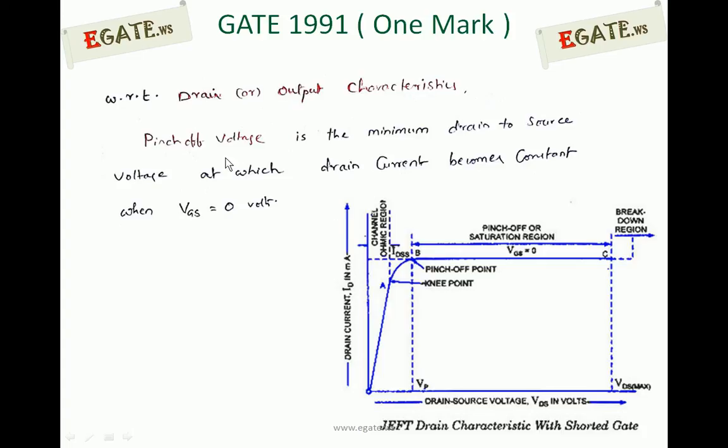So pinch off voltage is the minimum drain to source voltage at which drain current becomes constant when VGS is equal to 0. This condition, VGS equal to 0, is very important. Only for this curve is it treated as pinch off voltage. Pinch off voltage with respect to drain is only defined for VGS equal to 0, not for any other value of VGS.